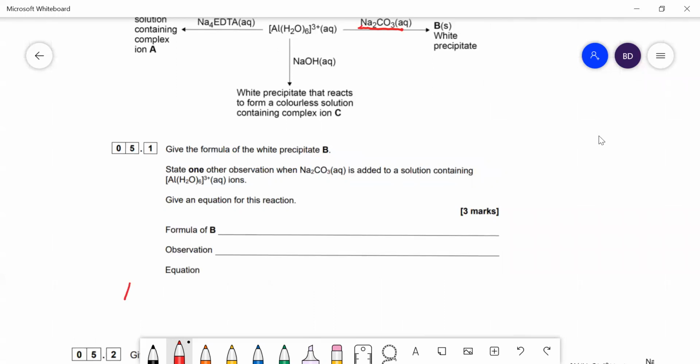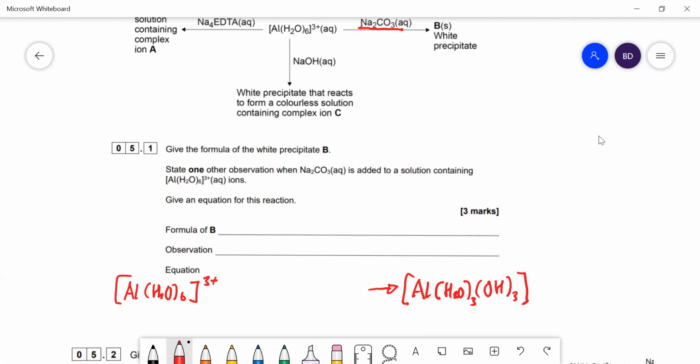So the reaction is going to be, you get aluminium [Al(H2O)6]3+. Now they act as acids, and they're going to give away protons to form this, which is uncharged, and because it's uncharged, that is the white precipitate.